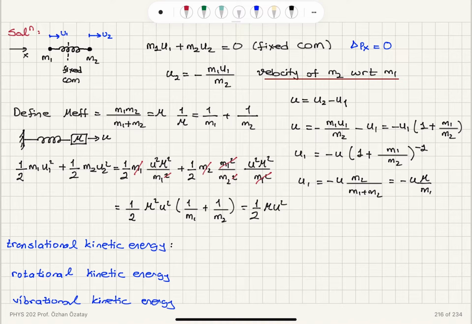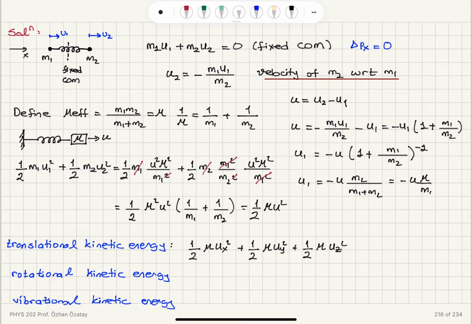So if I write the translational kinetic energy, it has three components: 1 over 2 mu ux squared plus 1 over 2 mu uy squared plus 1 over 2 mu uz squared.